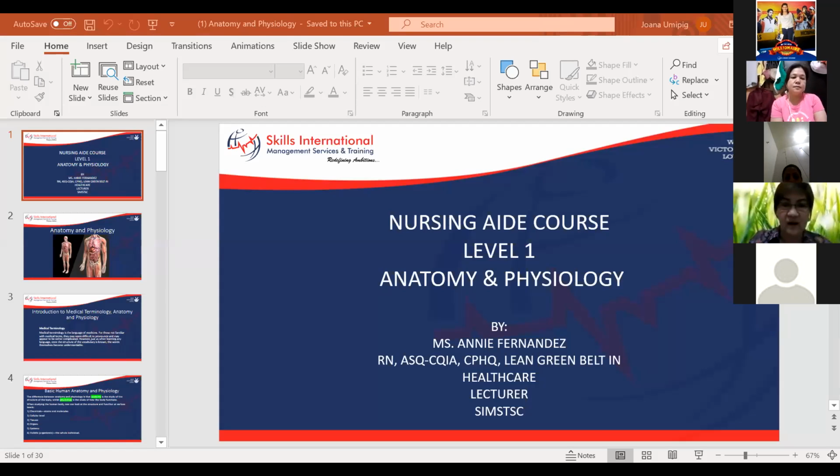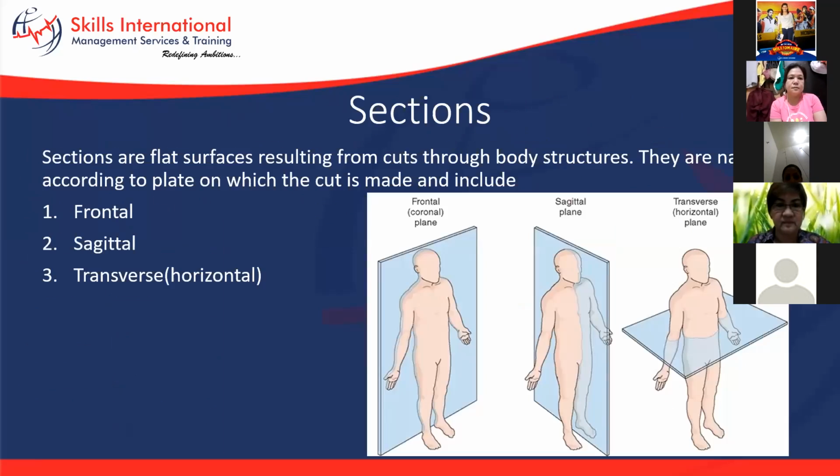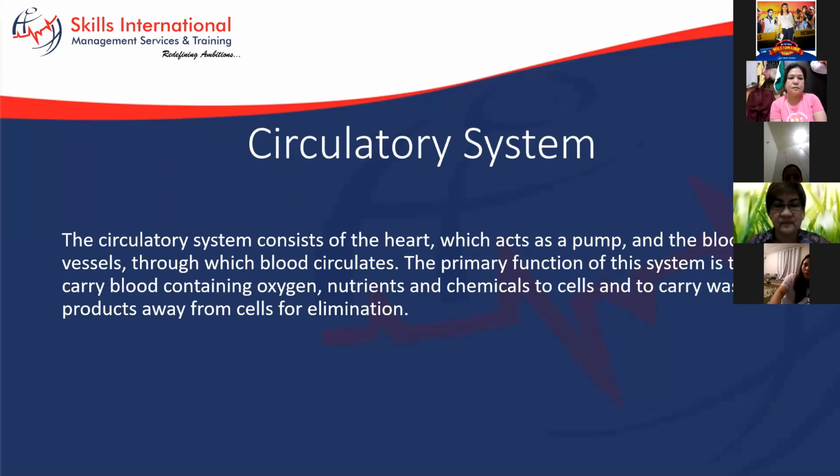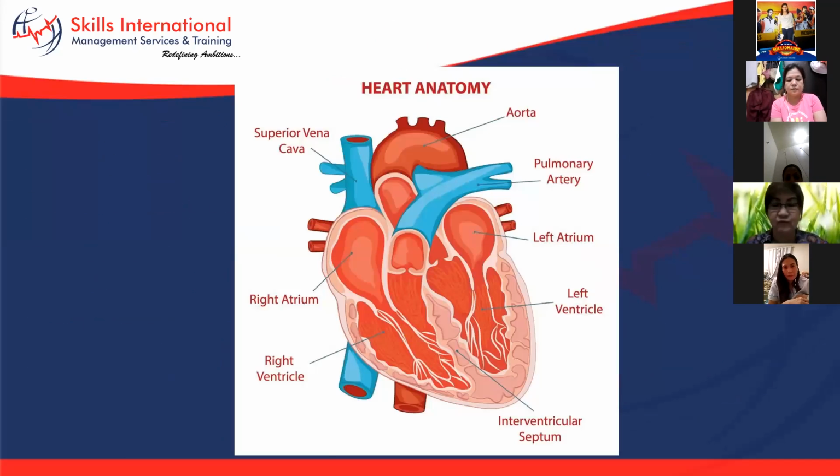Okay, so we are in the anatomy of the heart. As I said, it will be a little bit difficult and confusing, because this is anatomy and physiology with the medical terminologies.